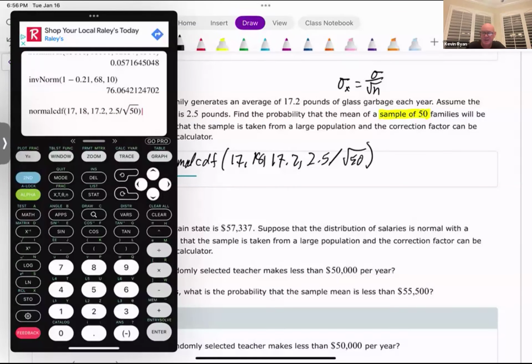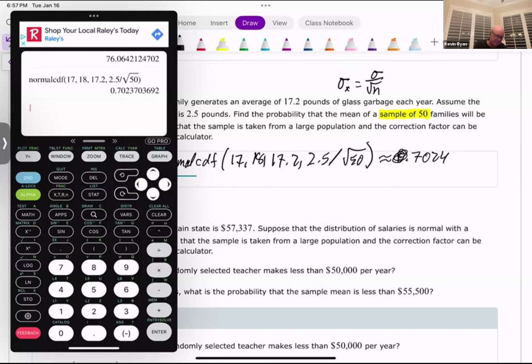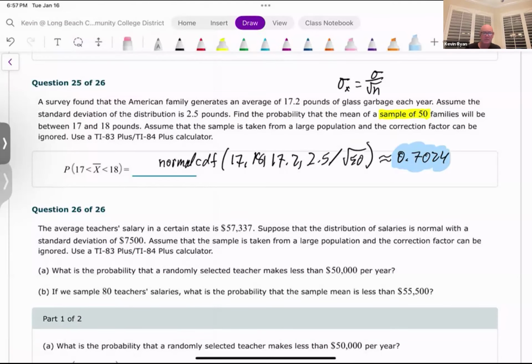So we have to change that standard deviation. And it's quite high. All right.